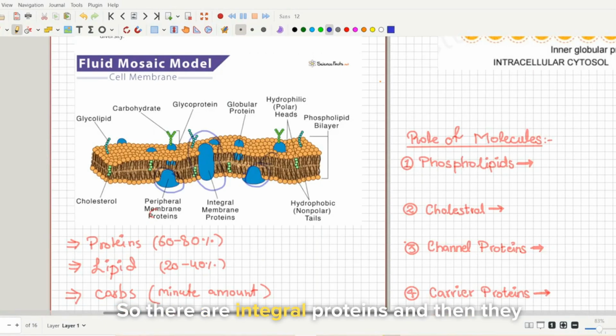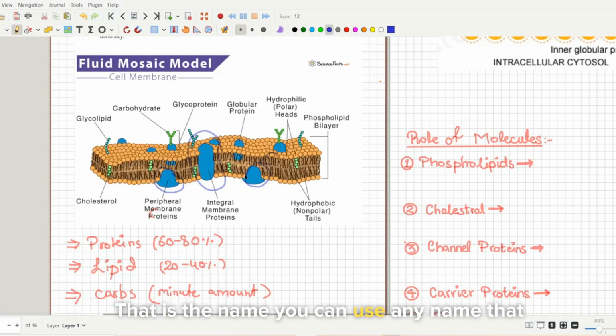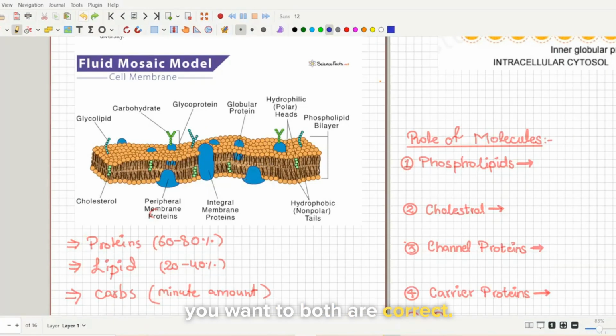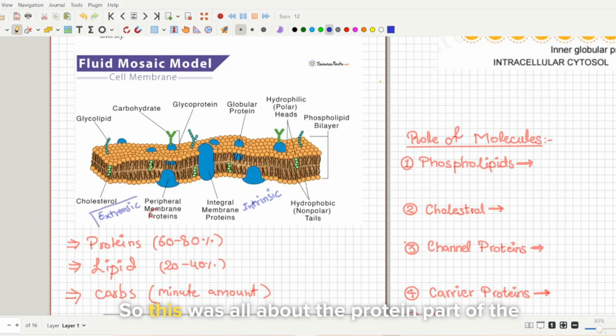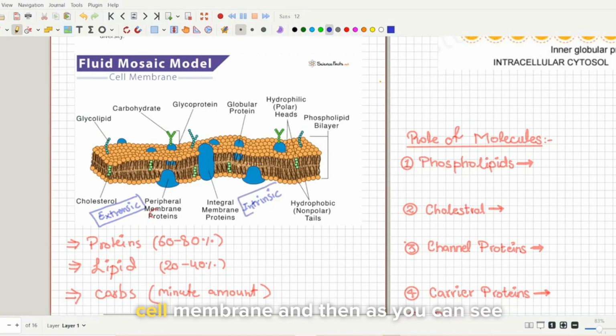So there are integral proteins and then there are peripheral proteins. You can also say that these are intrinsic proteins and these are extrinsic proteins. You can use any name that you want to, both are correct. So this was all about the protein part of the cell membrane.